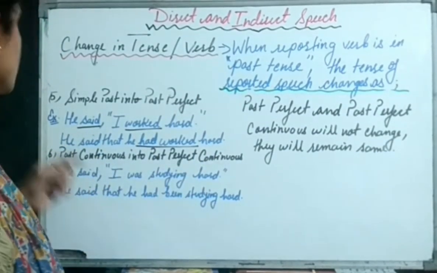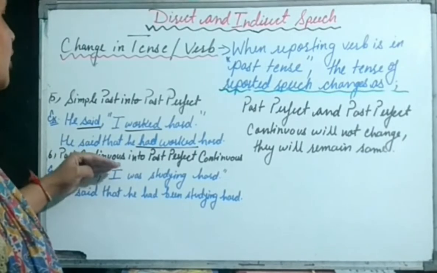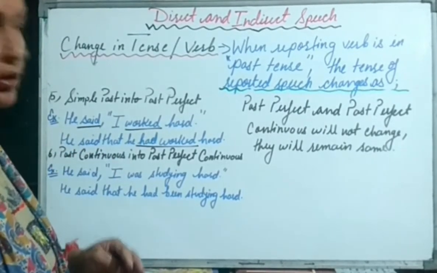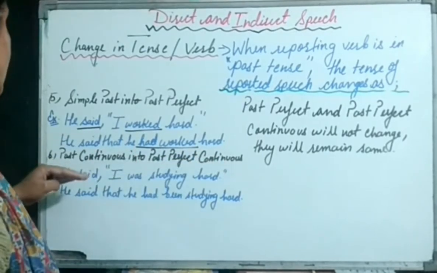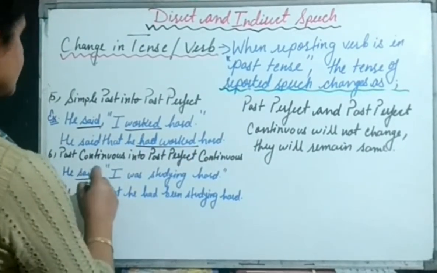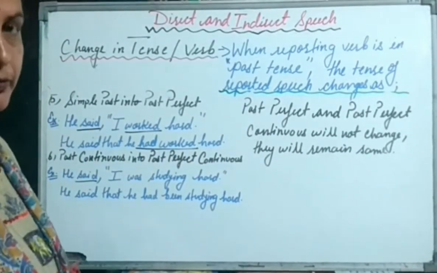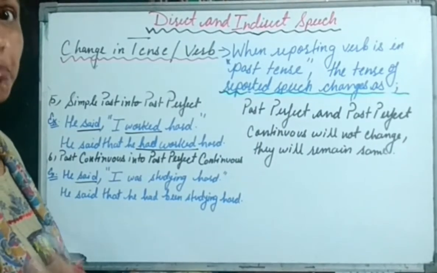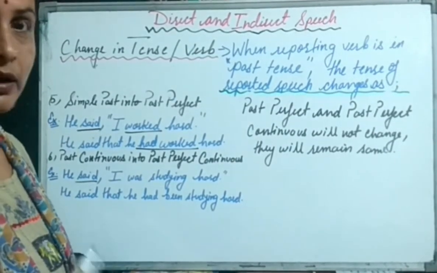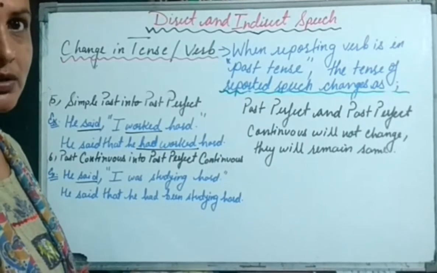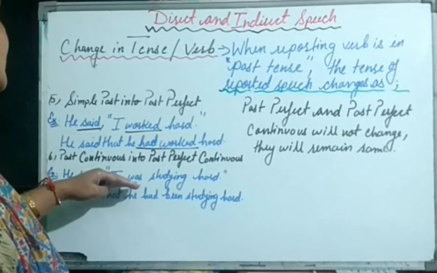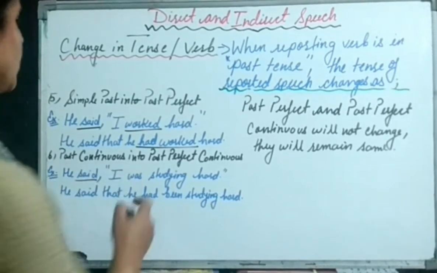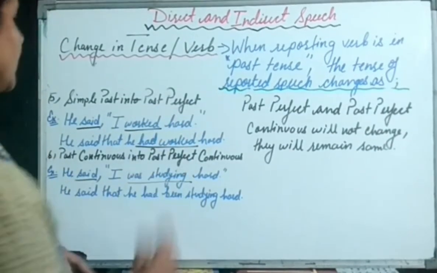Now next, the sixth one, past continuous changes into past perfect continuous. He said, again there is a condition that if the reporting verb is in past, then only we make other changes in reported speech. Now here reported speech is in past continuous: was studying.